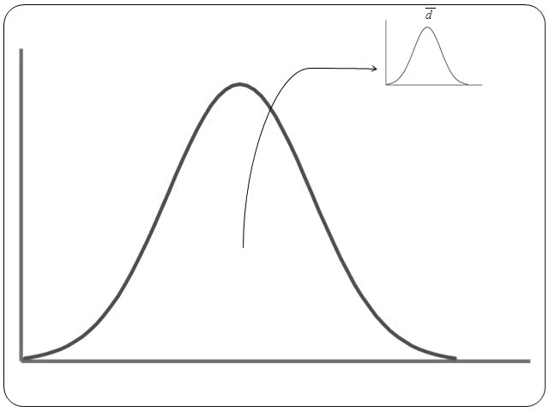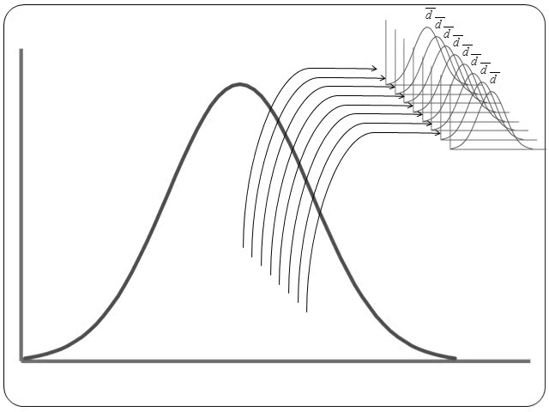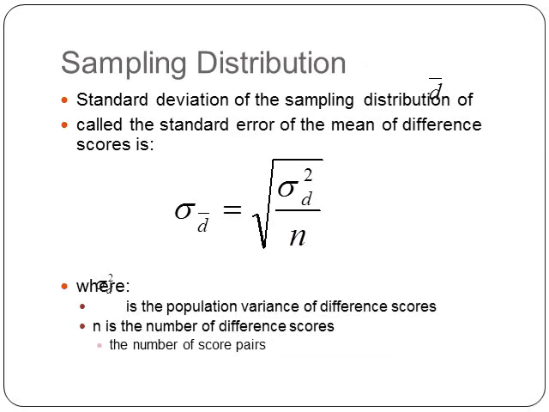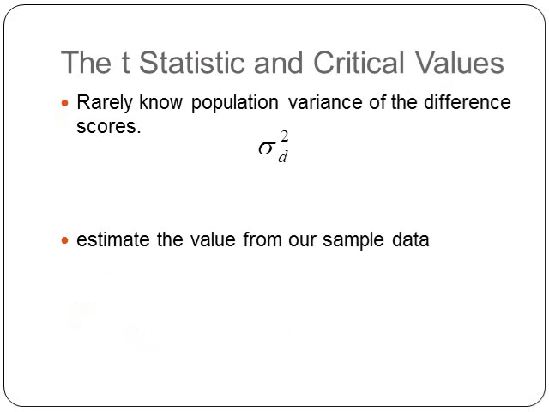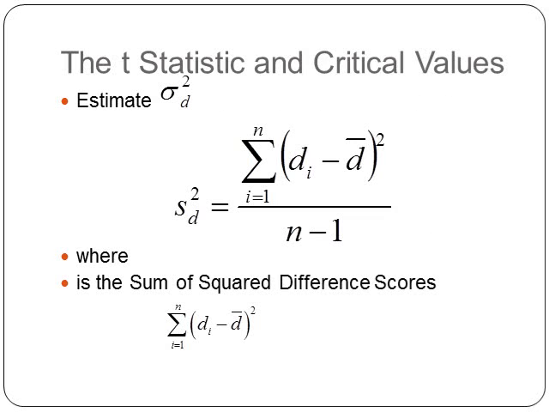You sample once, you sample twice, you sample infinite times, and you get a sampling distribution of the mean of difference scores. And that also has a standard error of the mean and an estimated standard error of the mean, just like before. In this case, we rarely ever know what the actual standard deviation of the difference scores is, so we use the estimate from the sample.